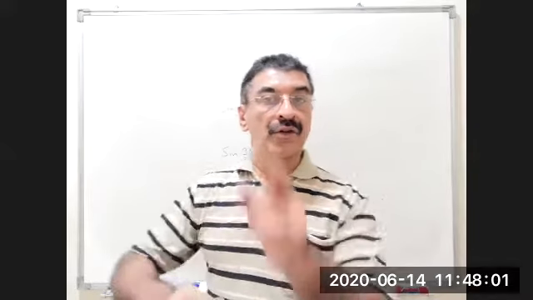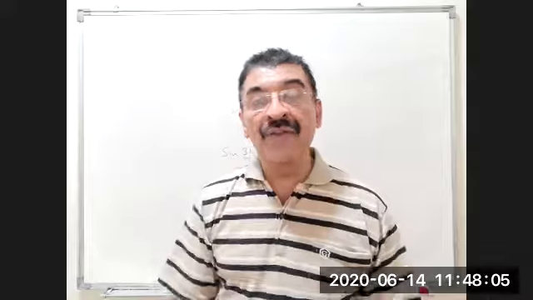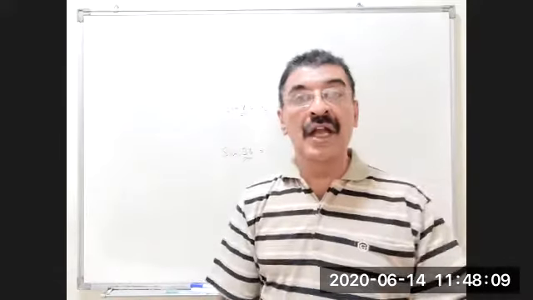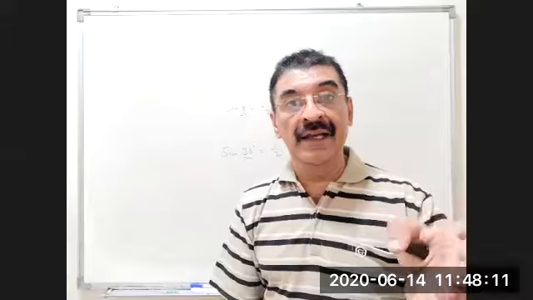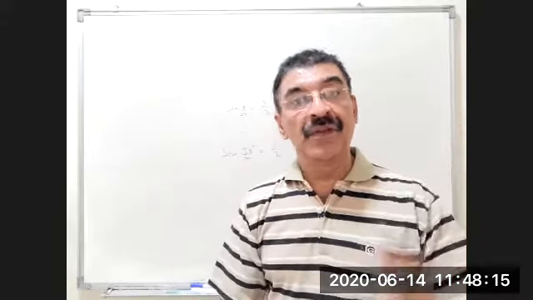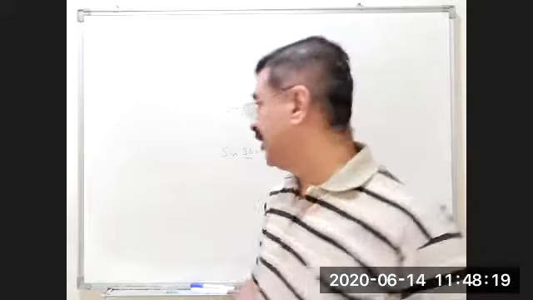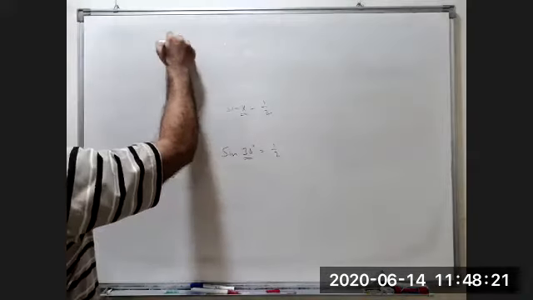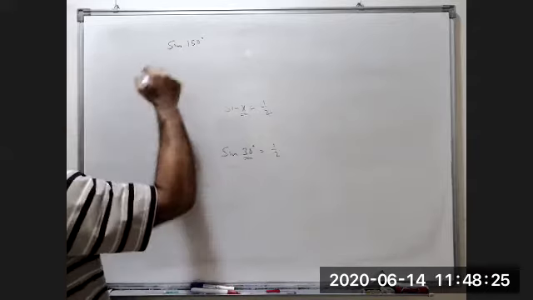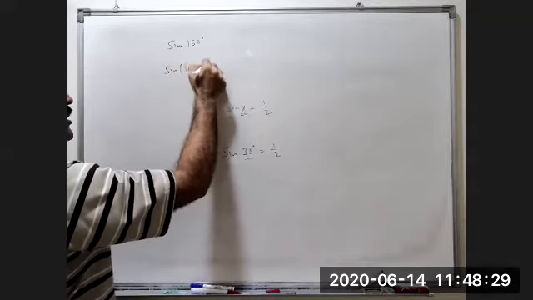So sin 30 gives 1 by 2. Do we have any other angle which gives its sine as 1 by 2? Yes, we have. Sin 150. Sin 150 degrees will be sin of 180 minus 30.